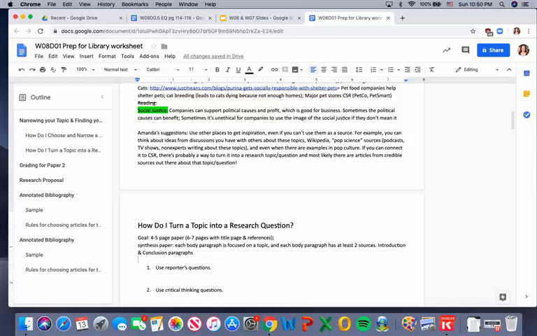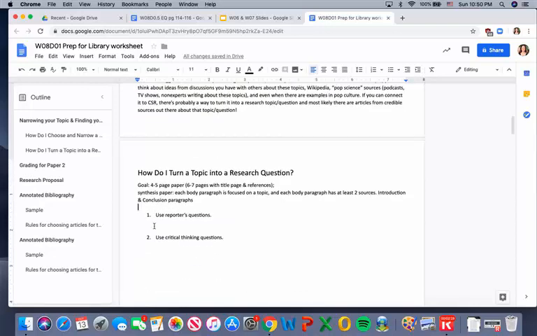You might not know the topic of your paper. There's a few different formats you can use. But hopefully as you're reading, you're thinking about how you are going to structure this paper. So the first thing that they recommend doing is turn your research topic into a question, to use reporter's questions.